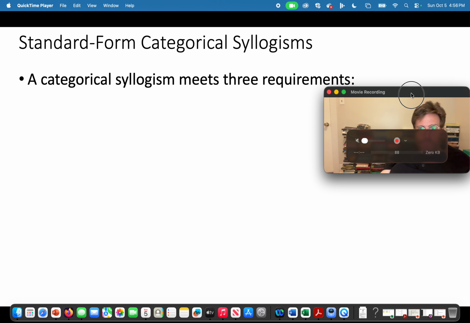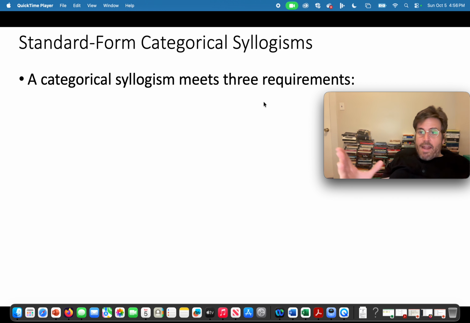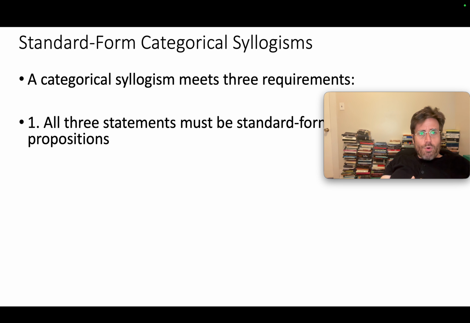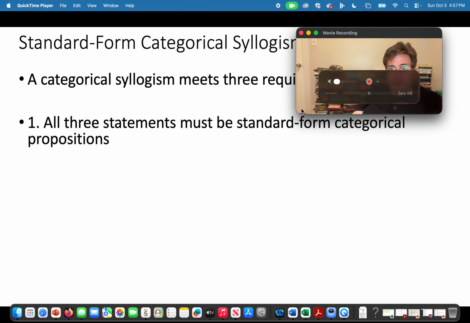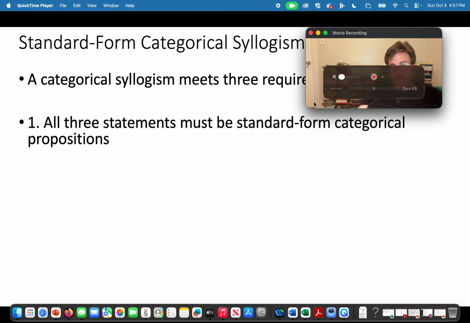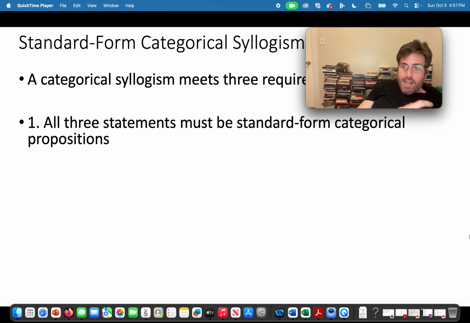Now, there are a set of requirements that any categorical syllogism has to meet in order to count as essentially a grammatical categorical syllogism. There are certain things for it to conform to in order for us to be able to identify whether or not it's a valid argument. The categorical syllogism must be in standard form. In other words, all of those sentences must meet the structure of standard form categorical propositions. It should either be an A, E, I, or O sentence.